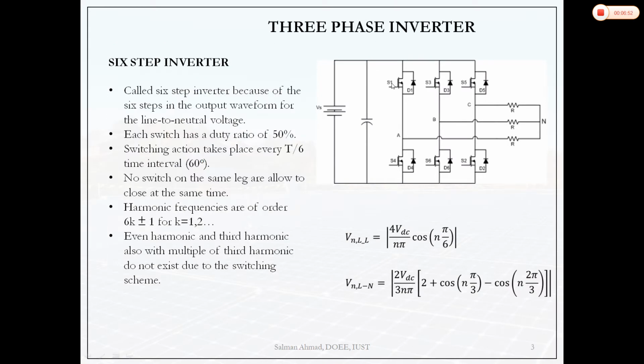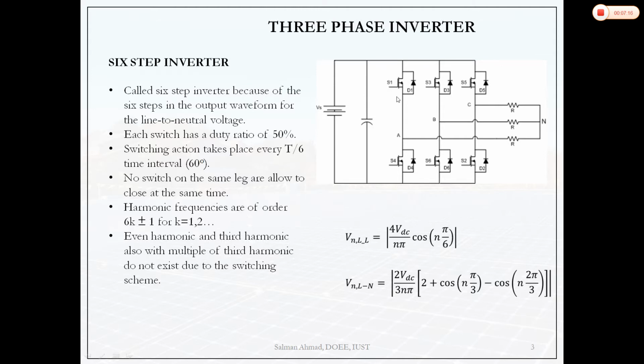We have switch numbers 1, 3, 5. The upper switches are named 1, 3 and 5. Similarly, the bottom switches are named 4, 6, 2. These numberings are very important because the gating pulses are applied in this sequence.